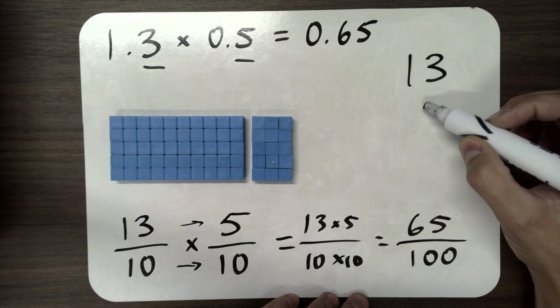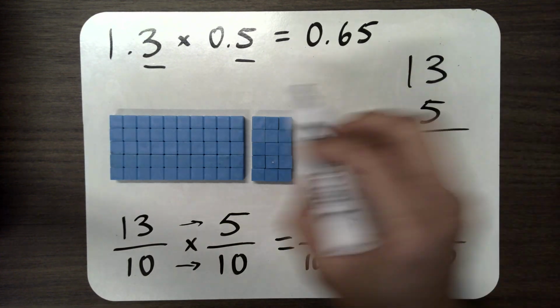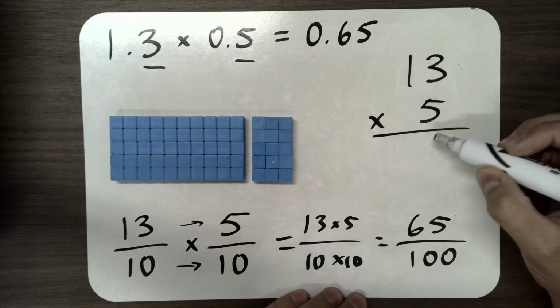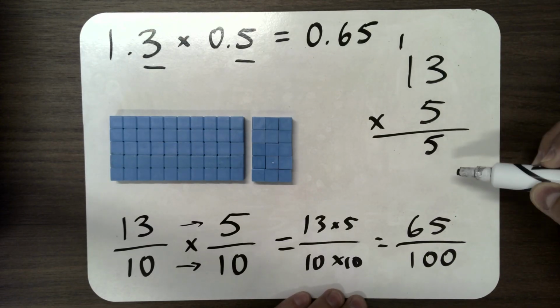Then our algorithm for multiplying decimals is to multiply these digits together as if there were no decimal points. So we'll set this up as 13 times 5. We do 5 times 3, that'll be 15, so we have that 10 that we'll add on later.